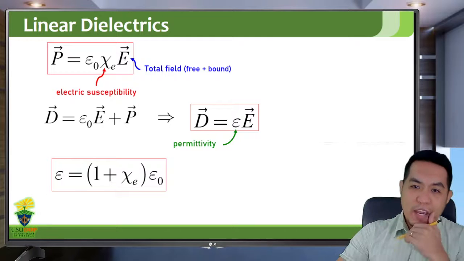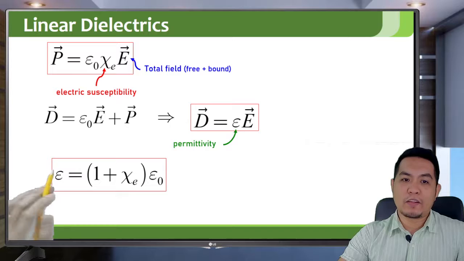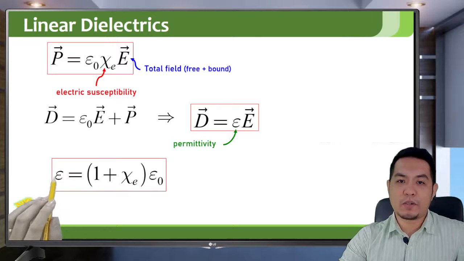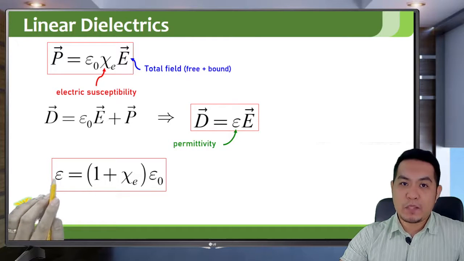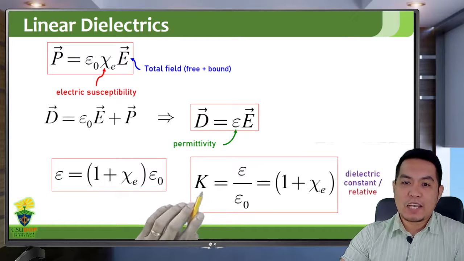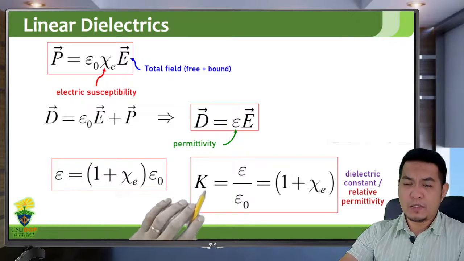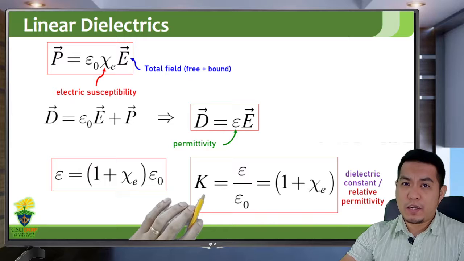You may have encountered permittivity before, or rather the relative permittivity, the ratio of the permittivity of the material over the permittivity in vacuum. That is what we call the relative permittivity, or as you call it in your university physics or general physics, the dielectric constant of the material.